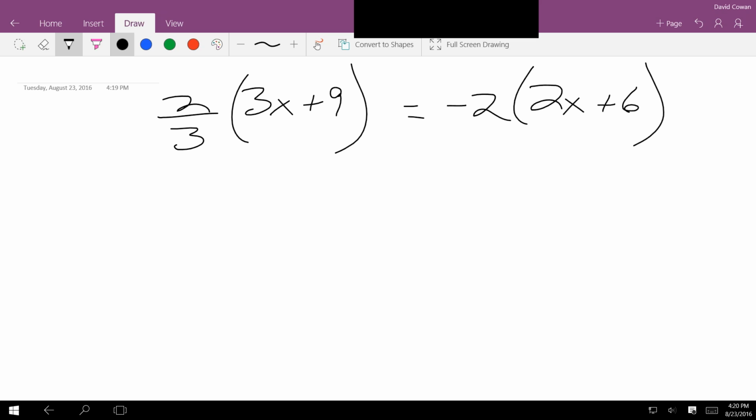It's the next line on the left. Oh, 3/3 or 1, right? No. Well, hold on. We're multiplying 2/3 times 3x. That's the first step. It's 6/3 x. Which is?